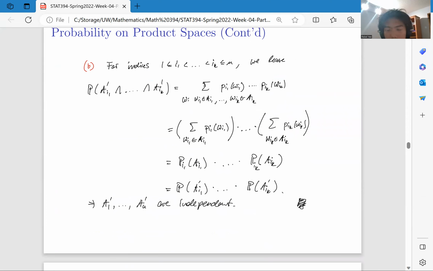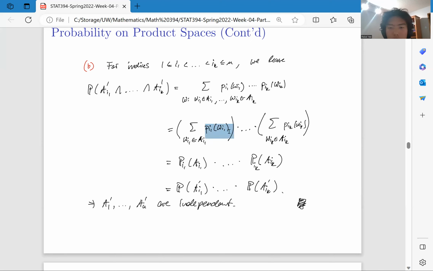Because imagine if we only consider the index wi1, we just sum up all of the wi1 terms here. We are not considering any wi2 terms, and wi2 terms are considered in the next summation. And we sum them together and multiply them together. This is the law of distribution, which in fact will give us the equal outcome.